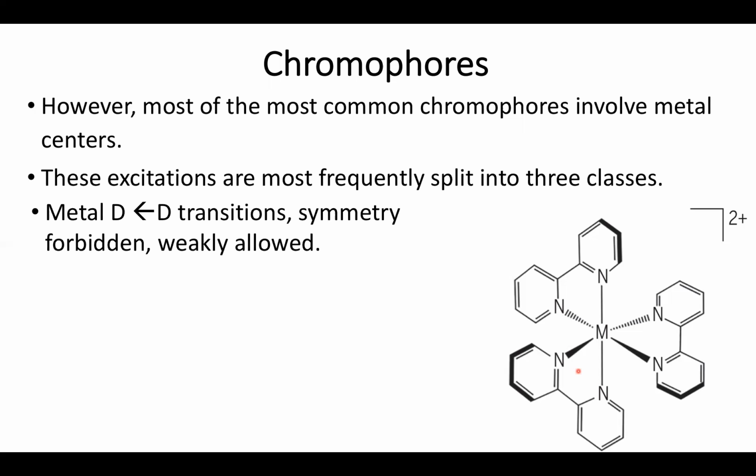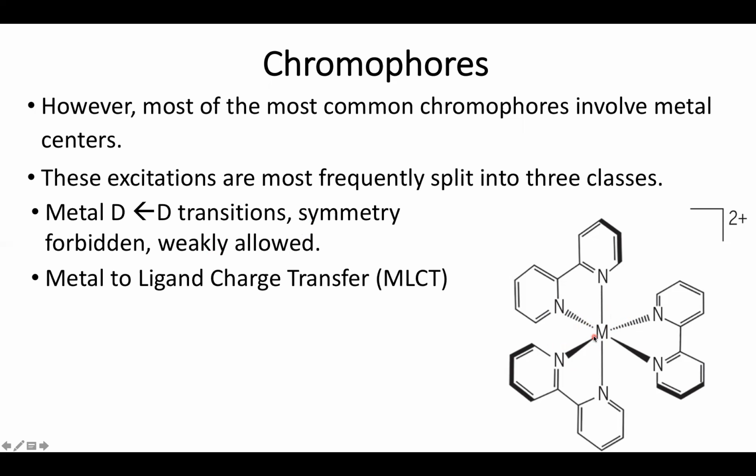So we've got metal d to d transitions. That's essentially where I just have electronic transitions within this metal center. Most of these are going to be weakly forbidden, mostly by symmetry. However, they are still spin allowed and vibrationally just fine.